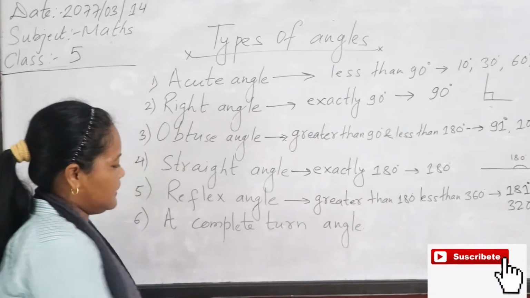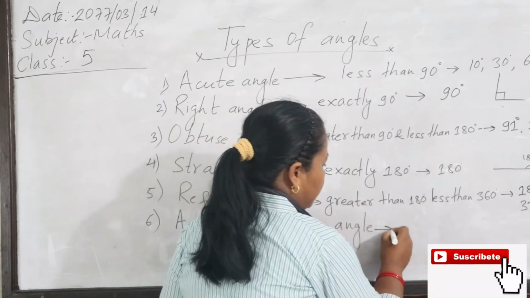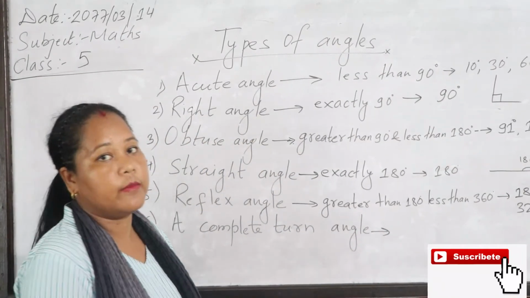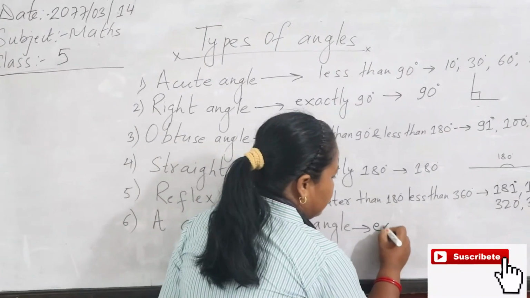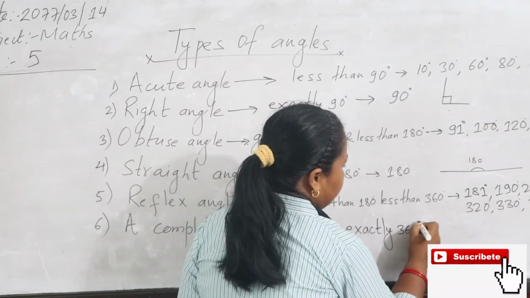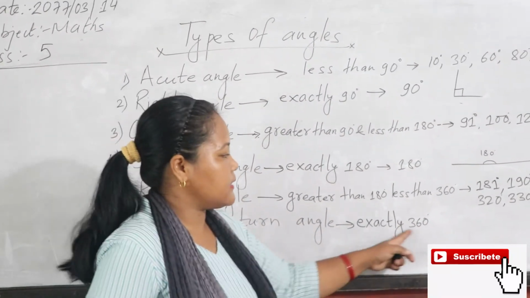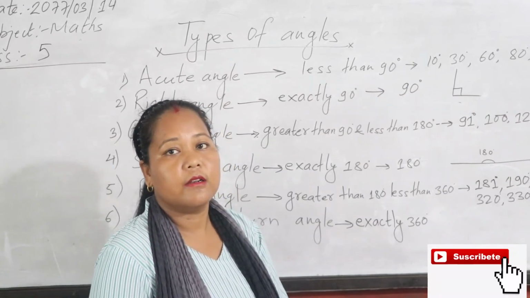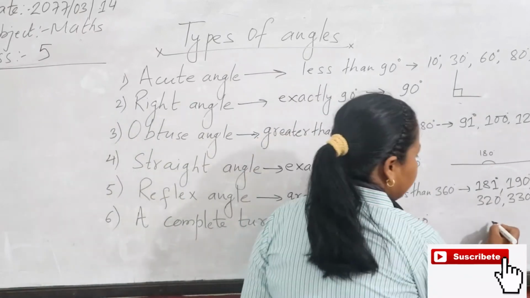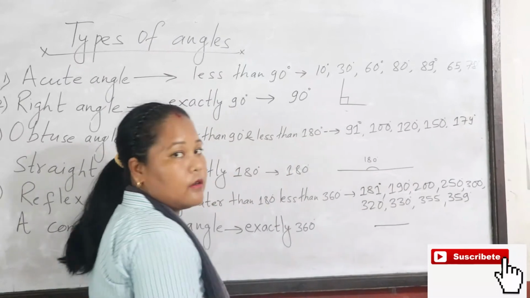And last, it is given a complete turn angle. I think this is not given in your book, but we also have to learn about it. A complete turn angle means exactly 360 degree. The angle whose measurement is exactly 360 degree is called a complete turn angle. Look.